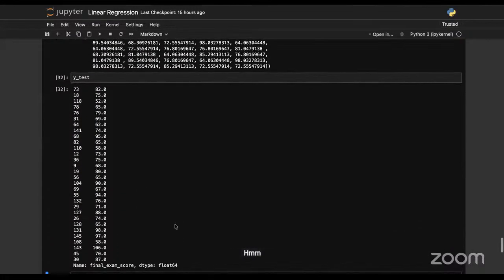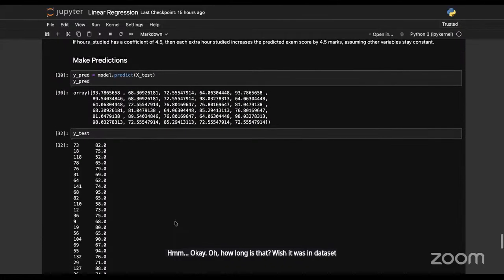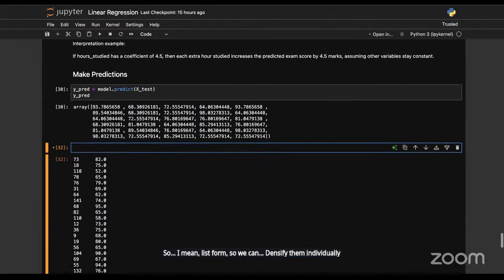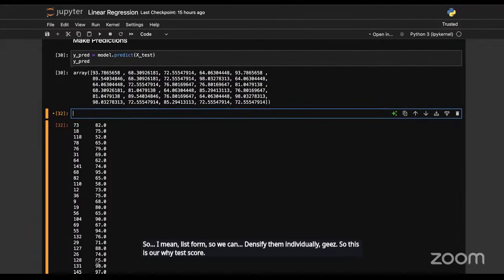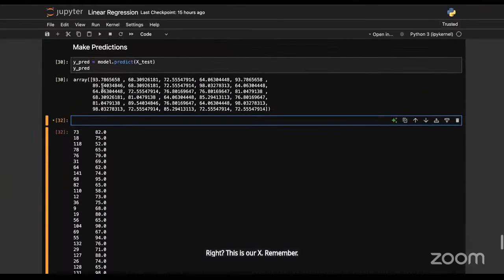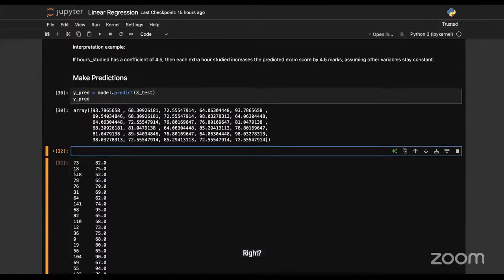Oh, how long is that? I wish it was in list form, so we can identify them individually. So this is our Y test score. This is our X. Remember, our Y predictor or target variable was a float, and our X variables were integers.